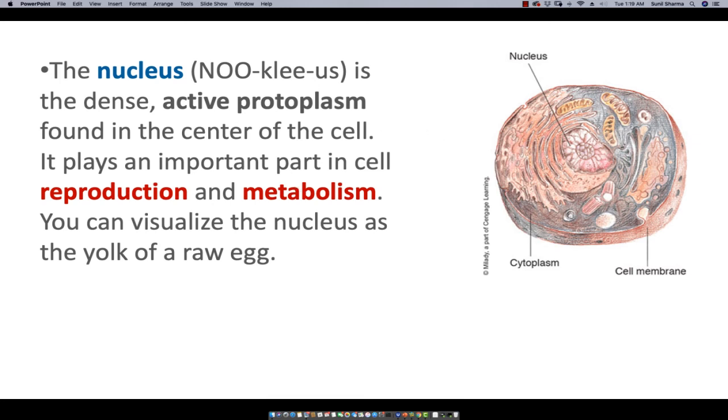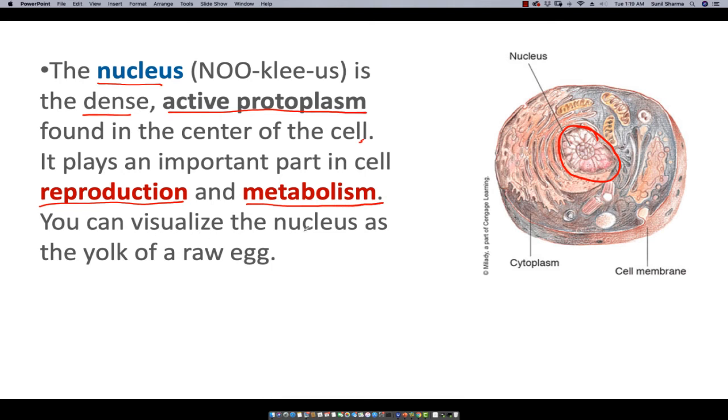As the book, this is the drawing that's inside our book. And so the nucleus is the center part right here. Nucleus is the dense active protoplasm found in the center of the cell. It plays an important part in the cell reproduction and metabolism.